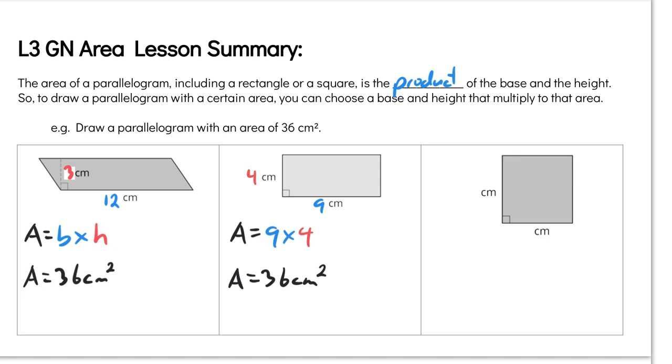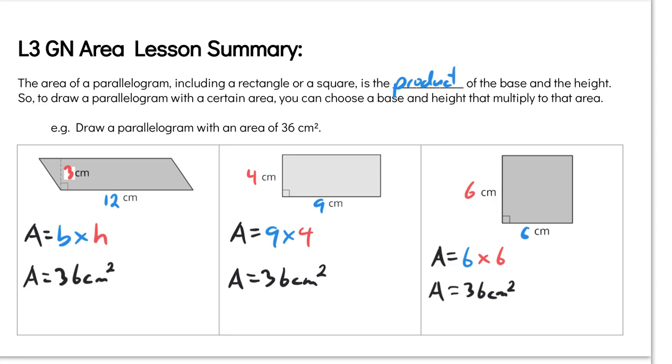Or I also know that 6 times 6 is also going to be 36. So in this case over here, the base is 6, the height is also 6, and that means the area is going to be 36 square centimeters. Don't forget to include your units on the ends of these things.